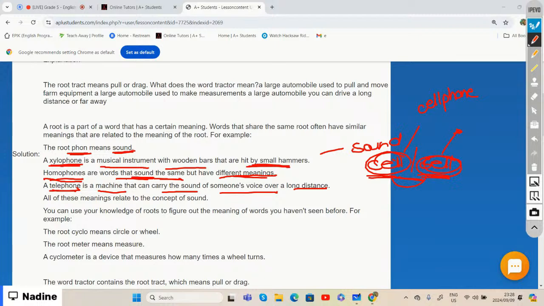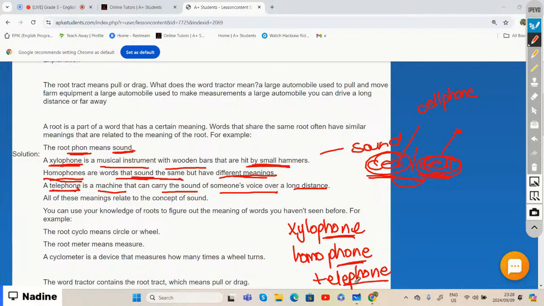All right. And if we look at those words, all three of those words, we have xylophone, we have homophone, we have telephone, and all three of these words have the word phone in them, right?